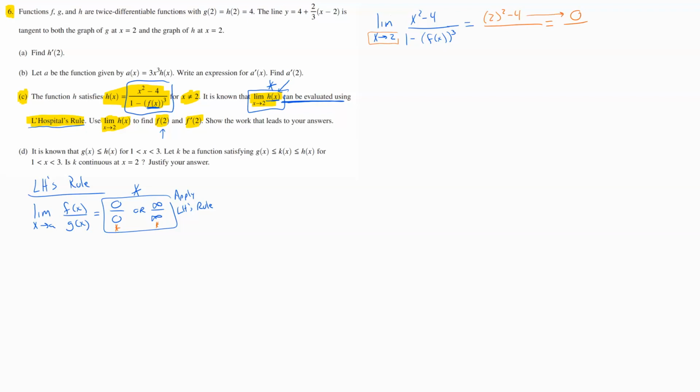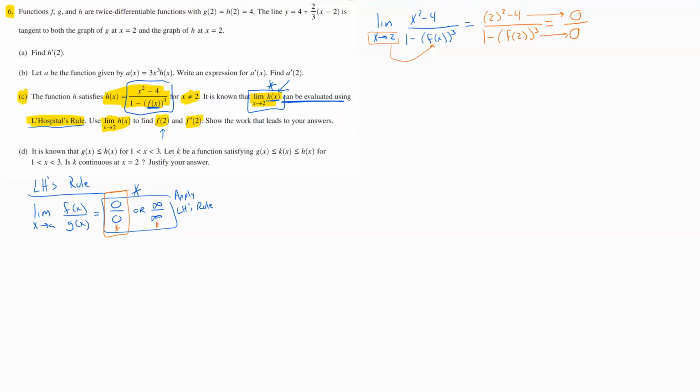So what I know is, to apply L'Hopital's rule, I need to be in a 0 over 0 setup. And so what that tells me is when I plug 2 into the bottom here for x, 1 minus f of 2 to the third, all of that also needs to equal 0.